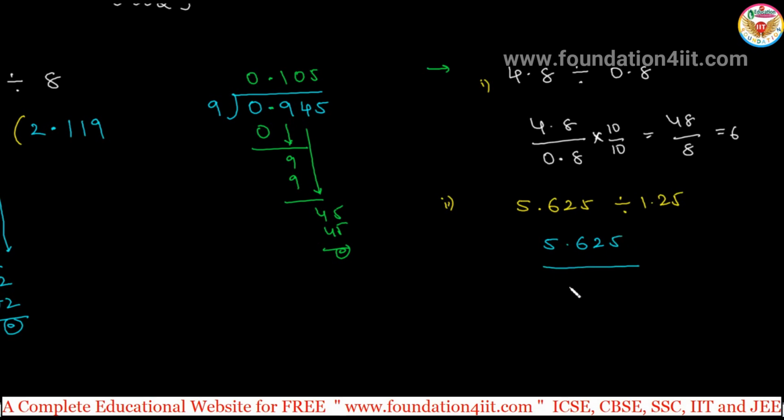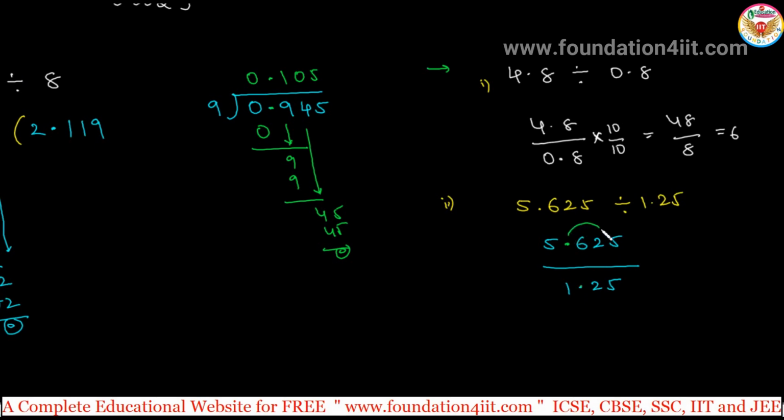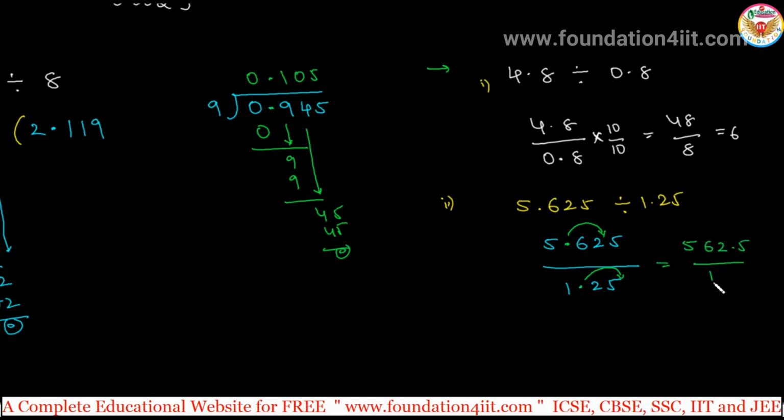If we don't want to multiply with 10, 100 and so on, just a simple technique is that you can shift the point two decimal places in numerator and denominator. So the value does not change. 5.625 becomes 562.5. 1.25 becomes 125. Value does not change. Do normal division now.